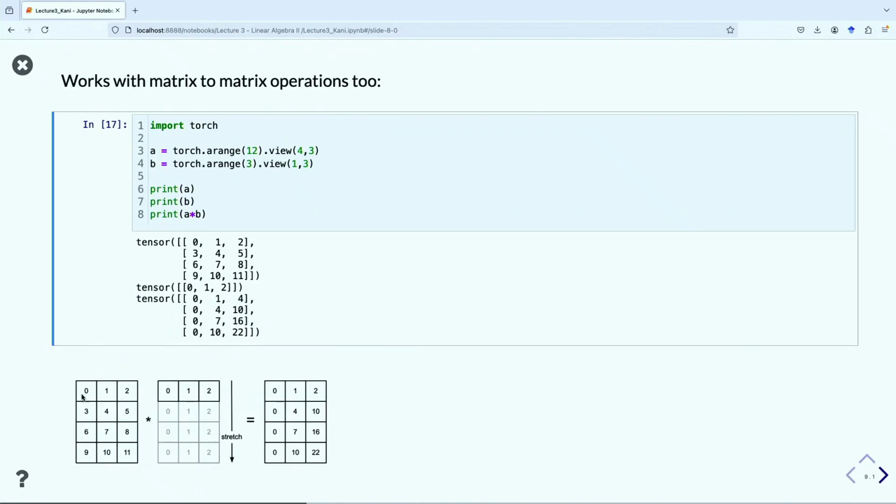So I have this matrix, and then I have the second operand that doesn't have the same dimensions. But we know the dimension along y is the same for both, right? So if we simply stretch the x dimension for the second operand, we could get two matrices that have the same dimensions, and then we multiply them in this case as normal. Make sense? So again, this is known as broadcasting.